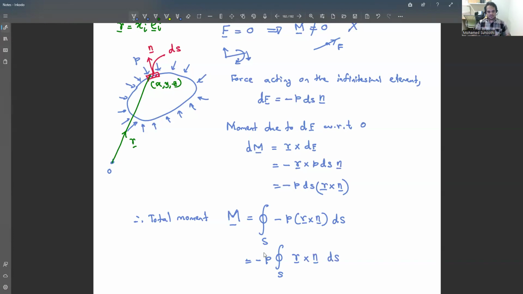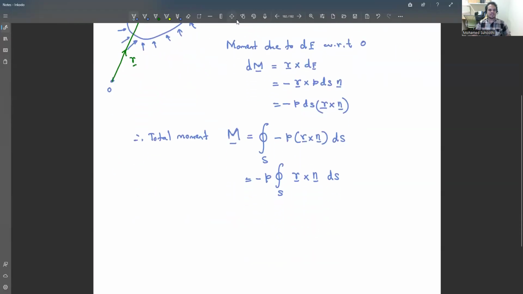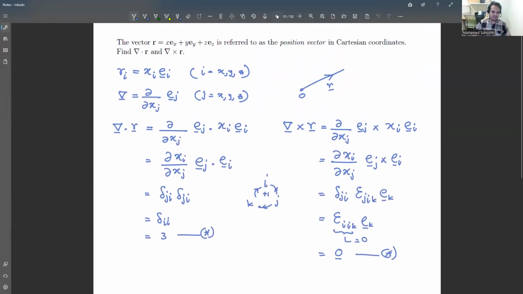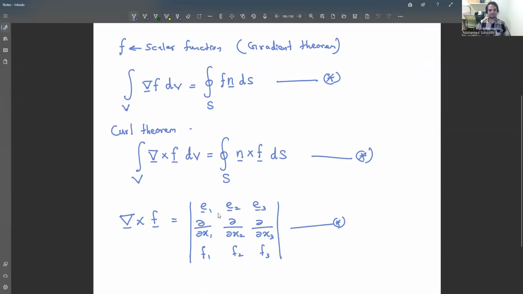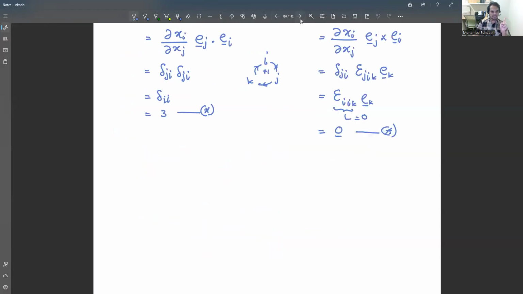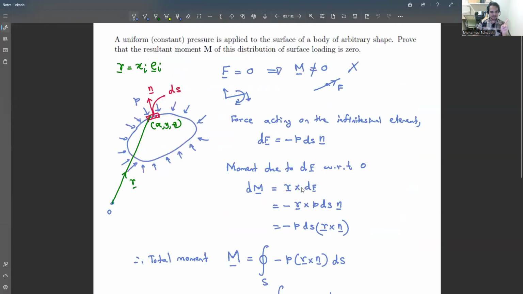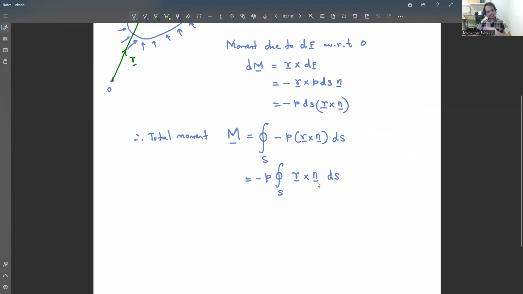Now you remember something we studied, the curl theorem. A surface integral can be converted into a volume integral using the curl theorem. But remember, in the curl theorem the normal vector must be in front. Here I have the normal vector at the back, so I can switch these two.